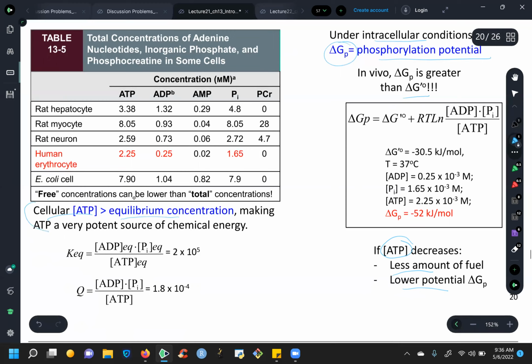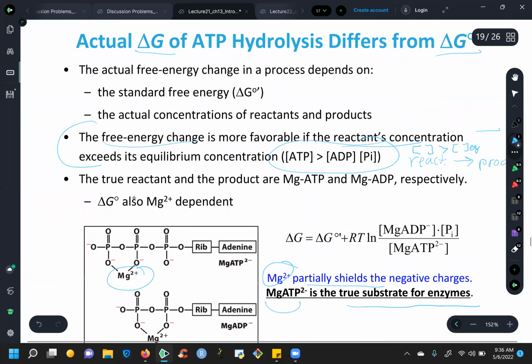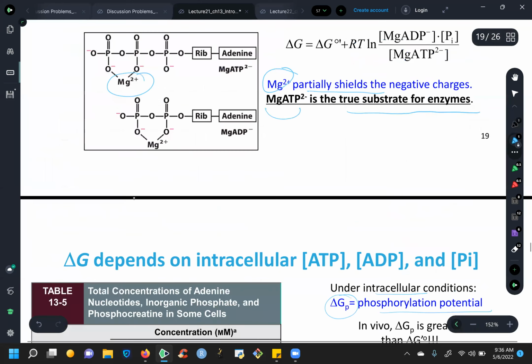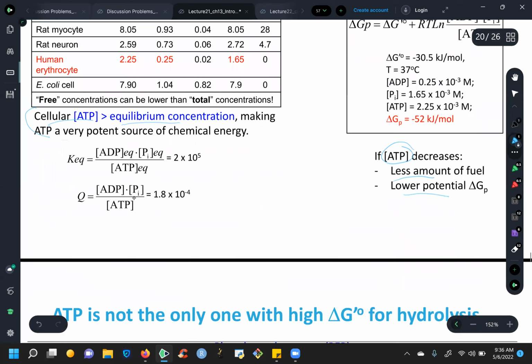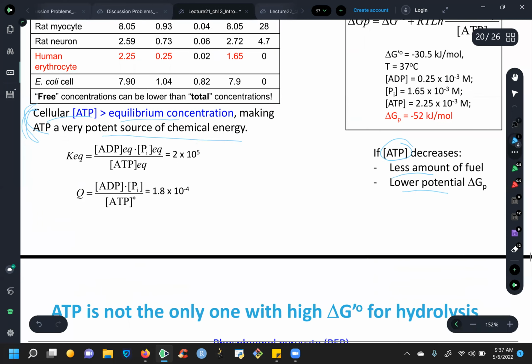So this is the definition from above that I told you to make a flashcard. This gave us a fact that we should know. And then the example would be ATP, because ATP cellular concentration is greater than the equilibrium concentration, and that makes ATP a very potent source of chemical energy.